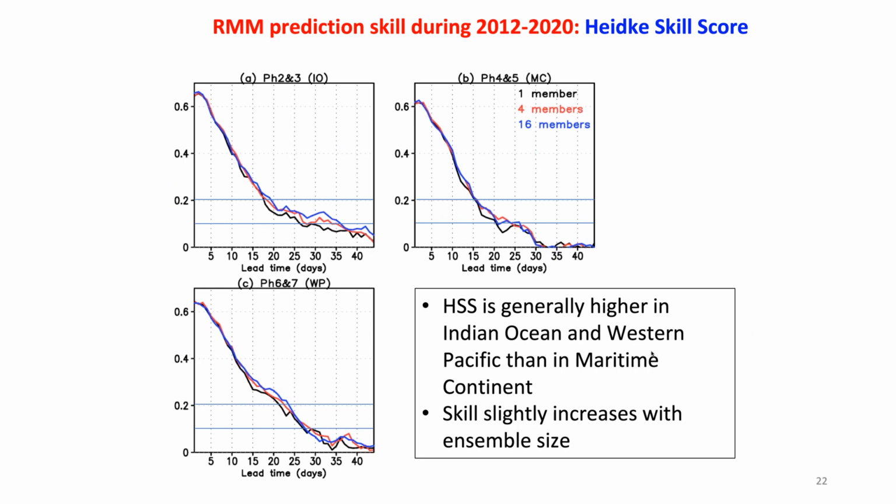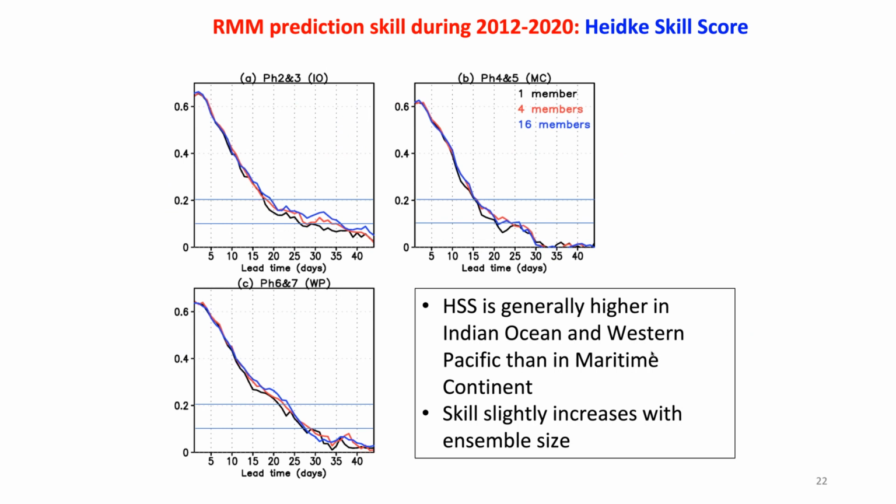And the right panel is RMS error. We see that the model forecast skill is at about 15 to 20 days if we measure this using 1.414 as the threshold. All right, that is for RMM.